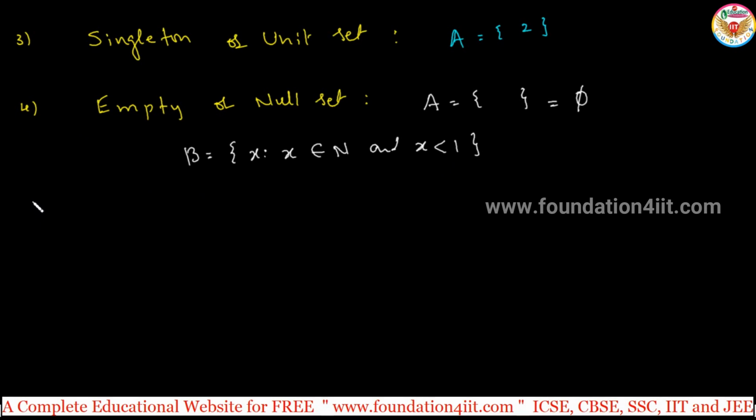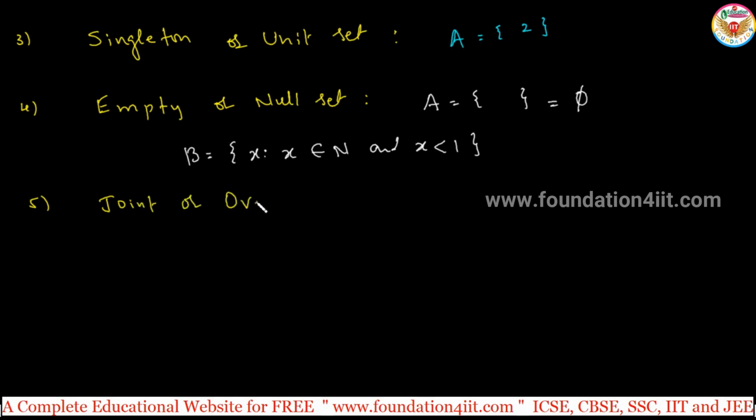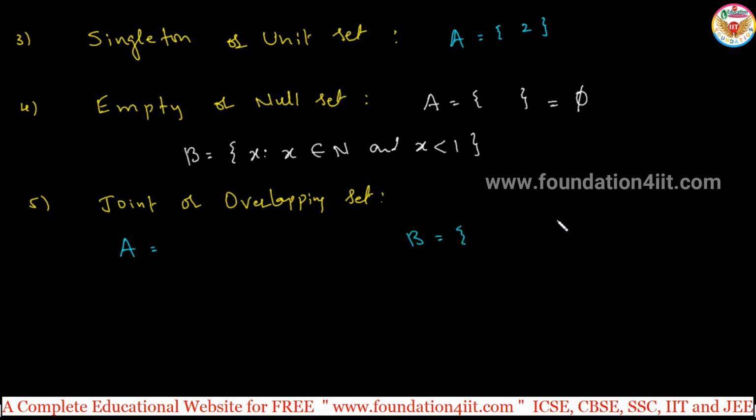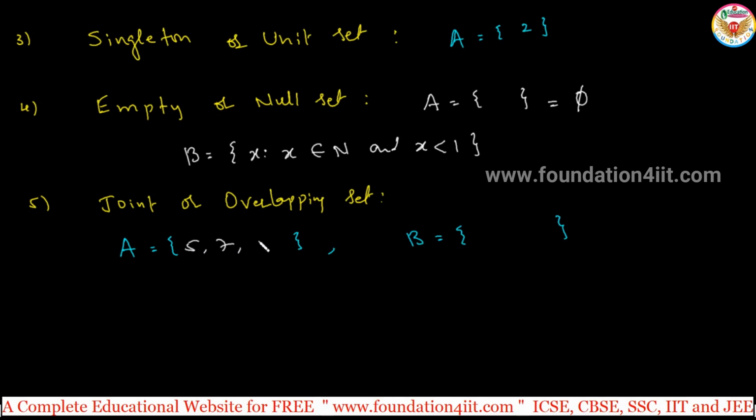And the next one, joint or overlapping sets. When you come to the joint or overlapping set, two sets are said to be joint or overlapping sets if they have at least one element in common. Let us take two examples, set A and set B. Set A has 5, 7, 9.